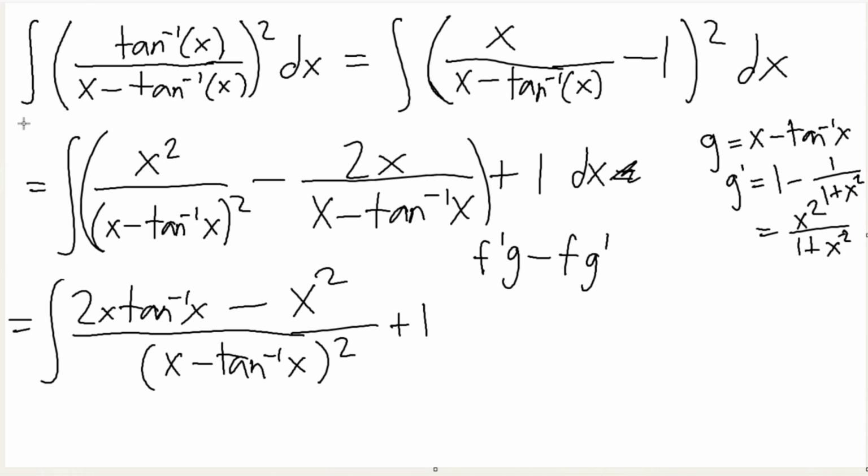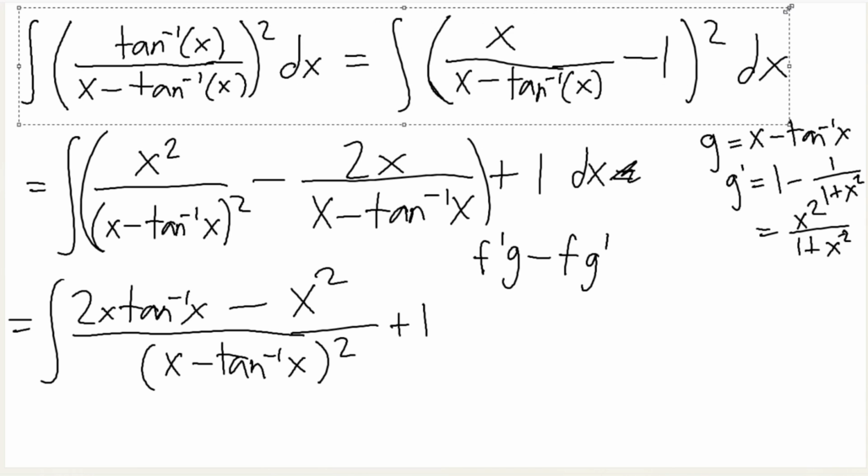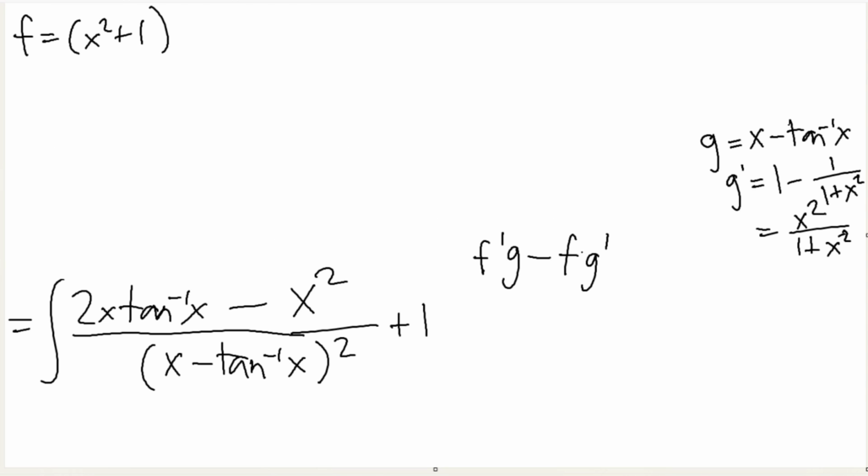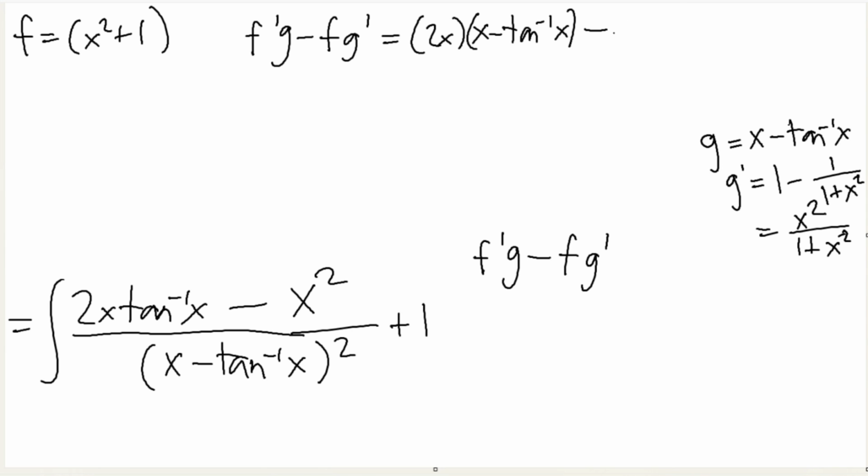We're going to need more room, so that f g prime is no longer a fraction, just to cancel this out. So then f prime g minus f g prime is equal to, well, f prime is 2x, and then g is x minus inverse tangent, and then minus f, which is x squared plus 1, and then g prime, of course this cancels out.